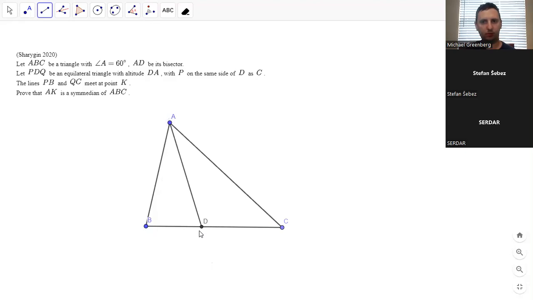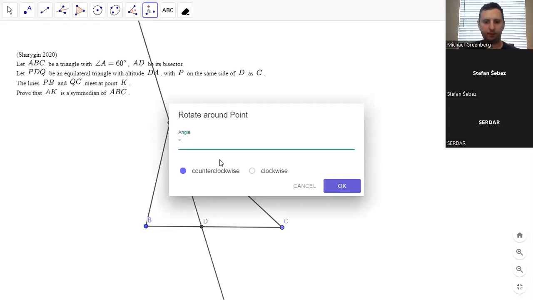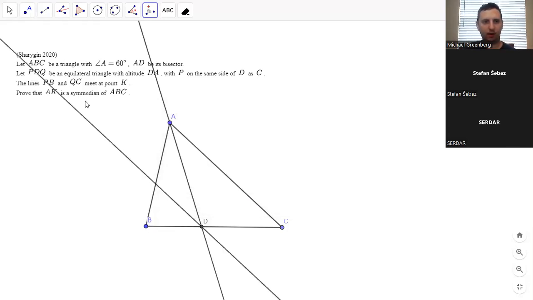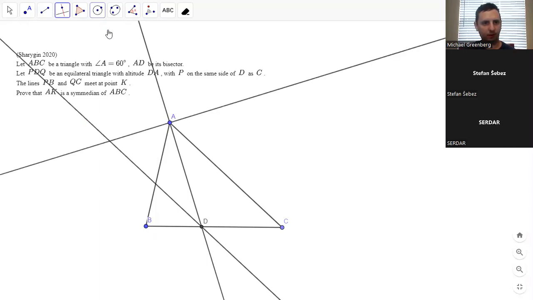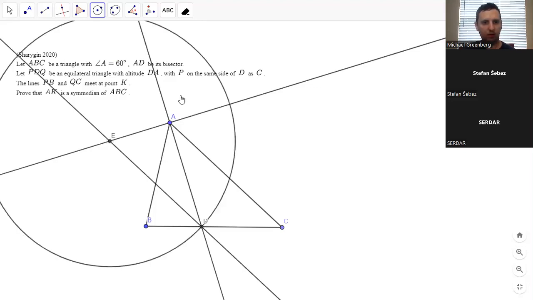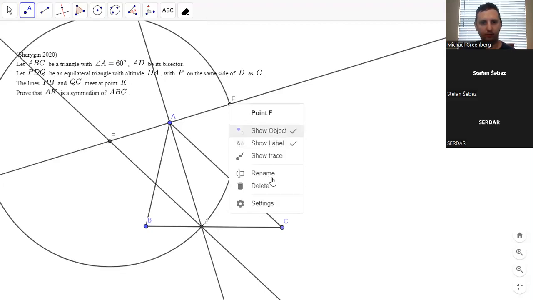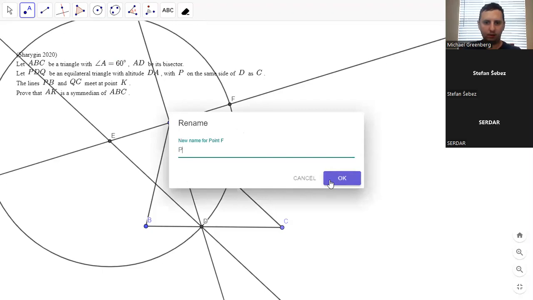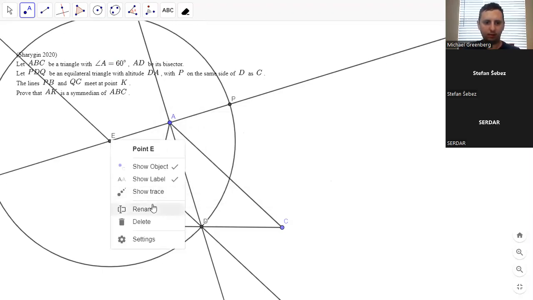So here's what I'm going to do. Let me first take the whole line. I'm going to try to rotate it 30 degrees left and 30 degrees right. All right, so PDQ, P is on the same side of D as C. So that's P, this is Q.